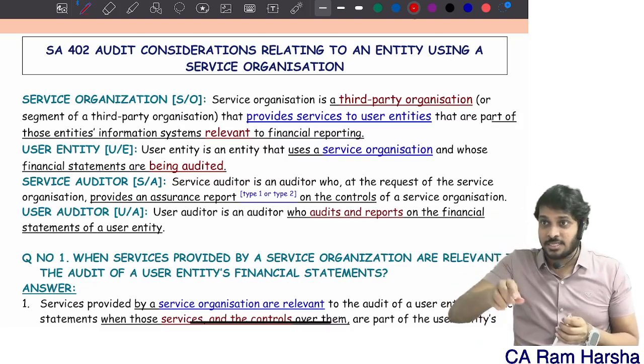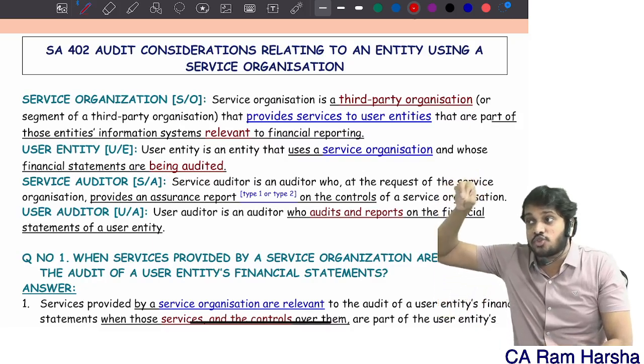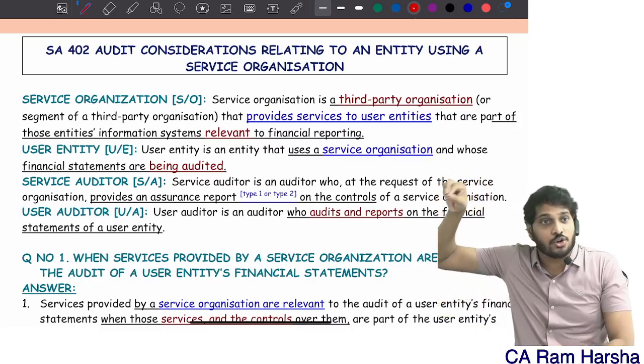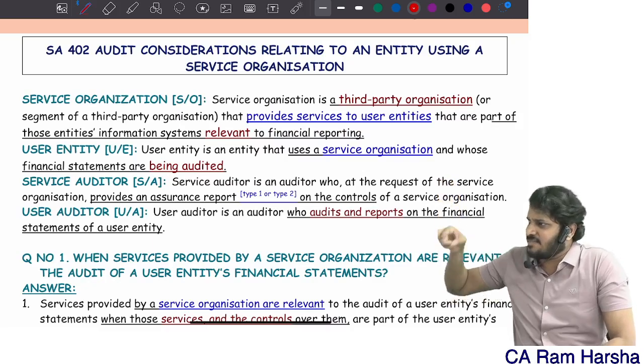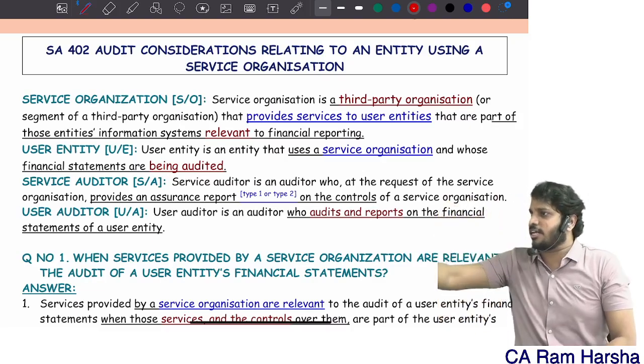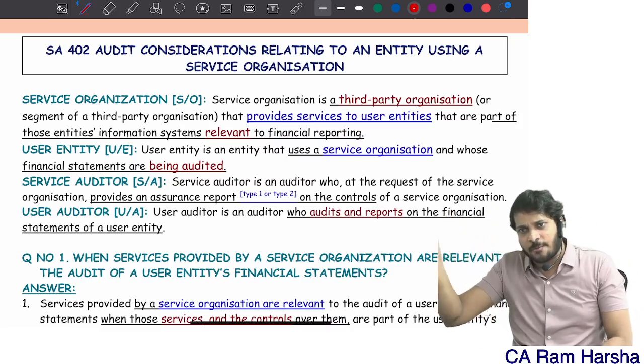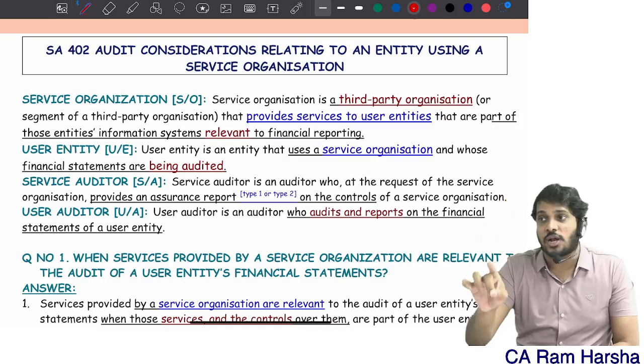In that case, whatever payroll function you outsourced, whether the controls they implemented are suitable, I don't require whether they are operating effectively. For me, whether controls are implemented or not and whether they are suitable, that report alone I want, and that report is called a type 1 report.